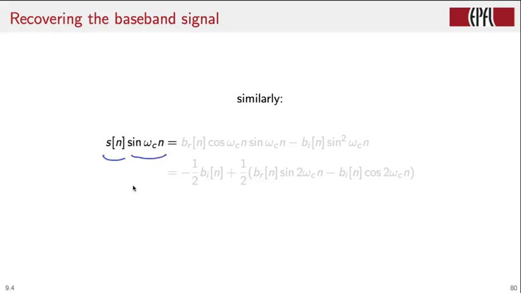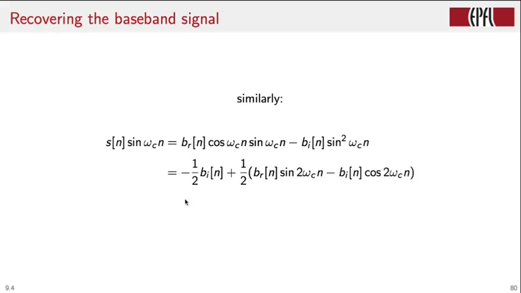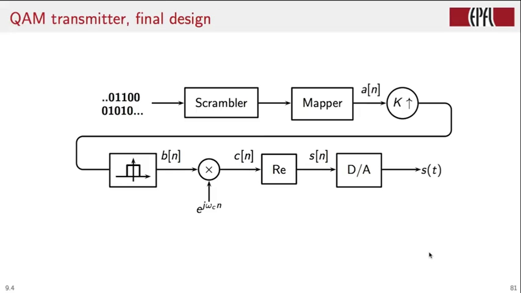And if we work out the math with simple trigonometry once again, we obtain minus 1/2 times the imaginary part of the baseband signal plus out-of-band components at twice the modulation frequency, which we can filter out with a low-pass filter. So, we have proven that we can recover the baseband signal even when the original baseband signal is complex.